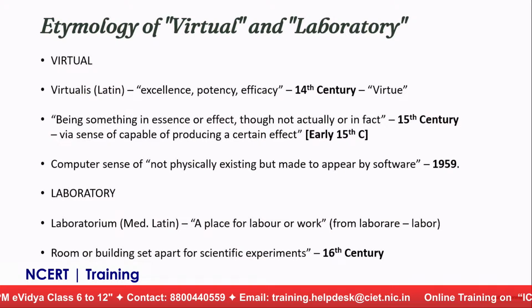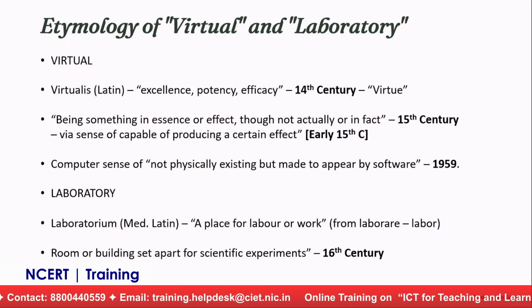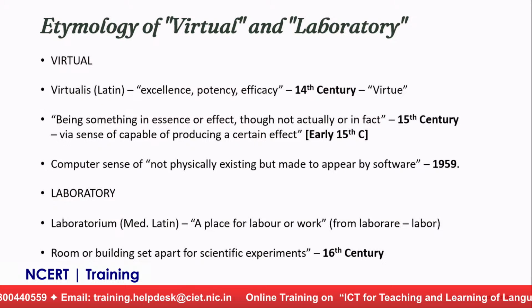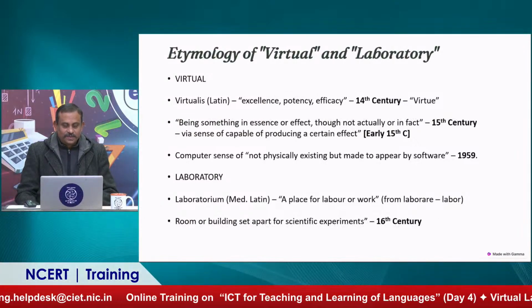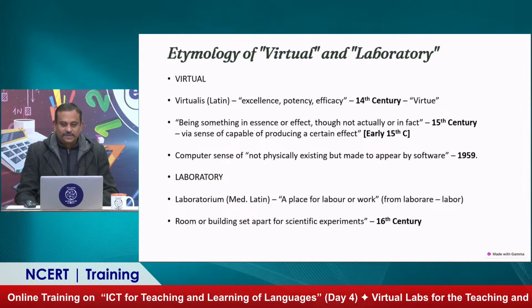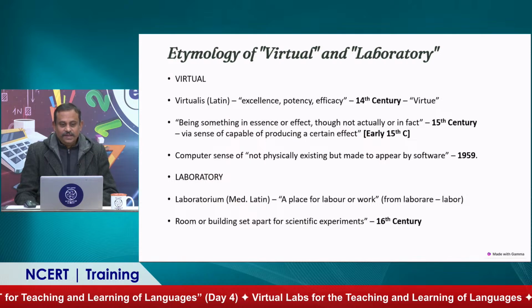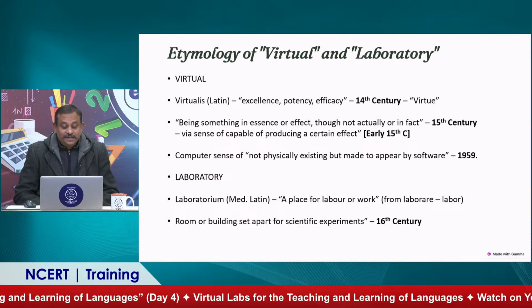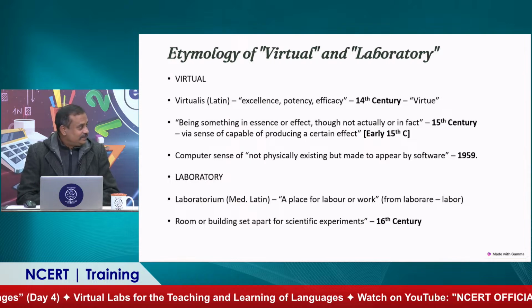So the origin is from the word virtualis in Latin, which means excellence, potency, efficacy. In 14th century, which leads to the word virtue, which is basically excellence of quality, of piety, etc. Now the thing is, excellence or potency or efficacy cannot be measured.